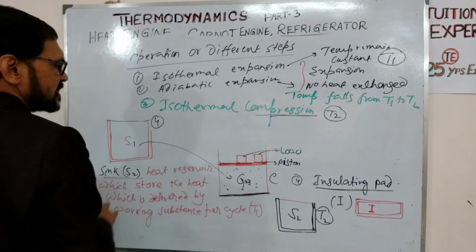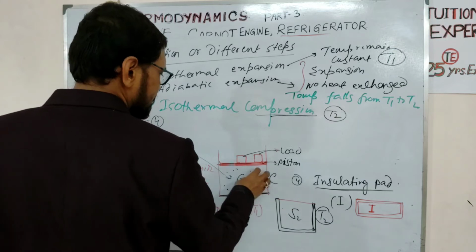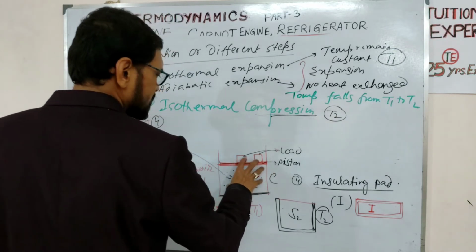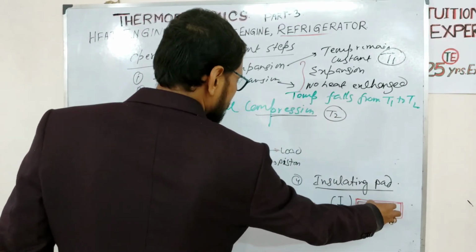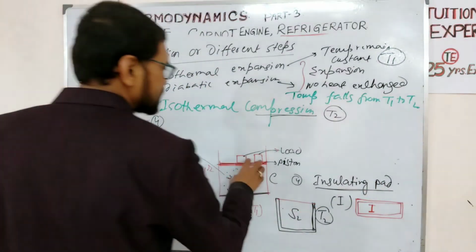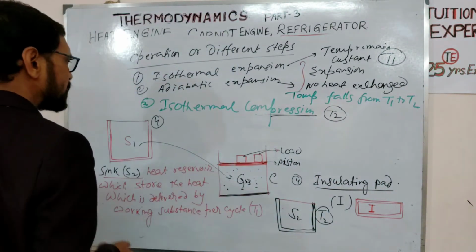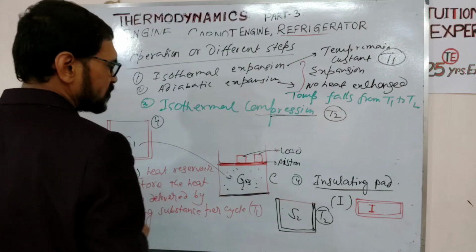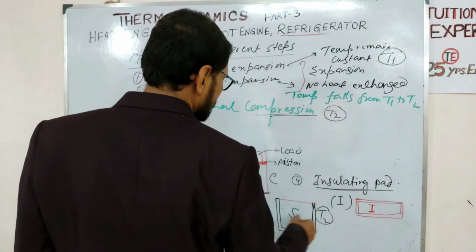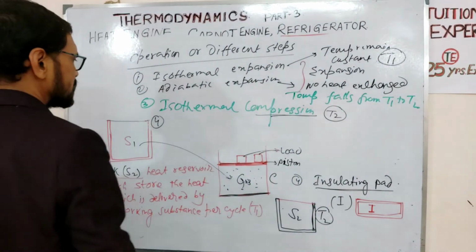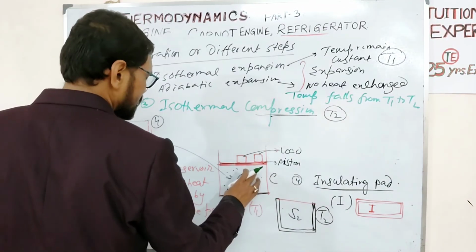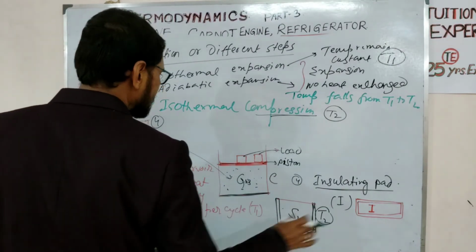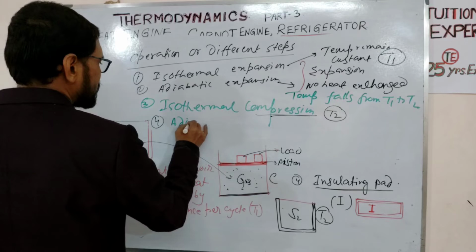Now the fourth step: the cylinder and piston chamber is placed into the insulating pad once again. Now it is compressed, but it is adiabatic compression, because no heat can exchange from the gas to the outside. So this is adiabatic compression.